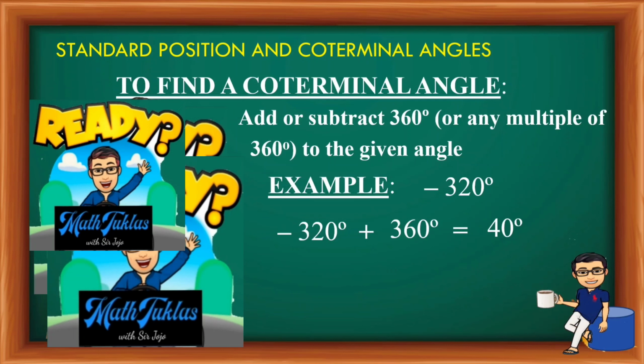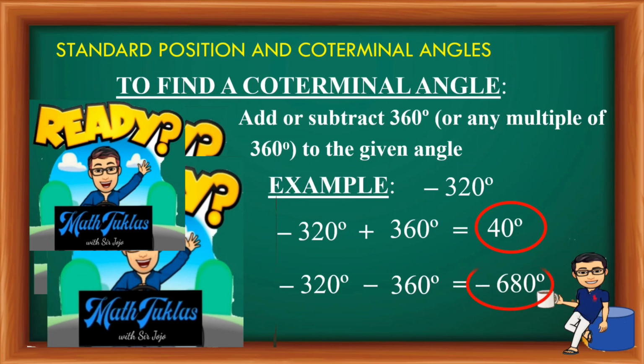Let's have this one. Negative 320 degrees, isubtract naman natin, minus 360 degrees is equal to negative 680 degrees. Therefore, 40 degrees and negative 680 degrees are coterminal angles.